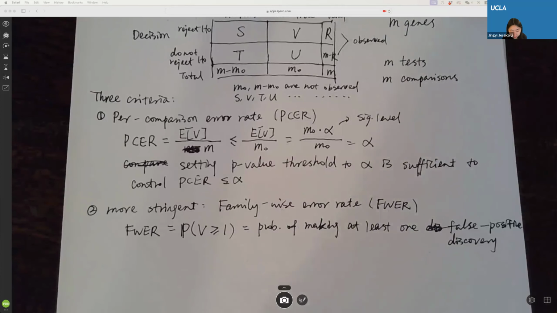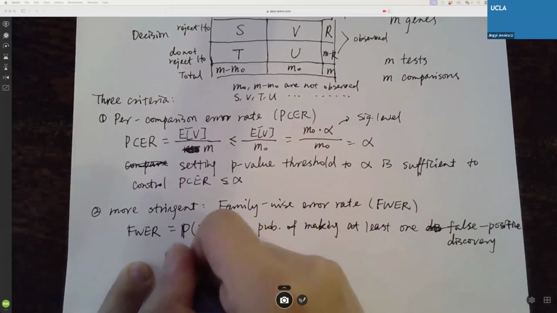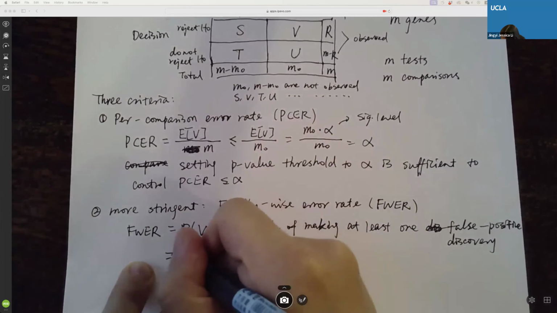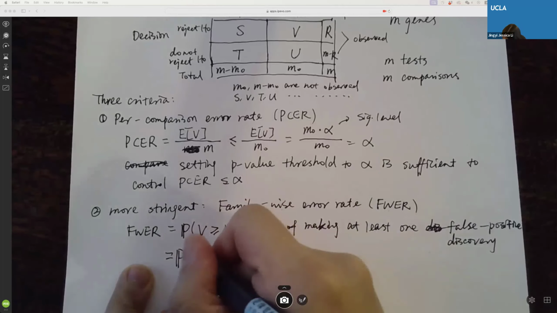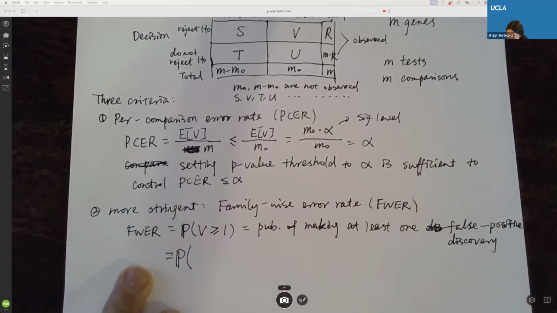For this one, we will use a very commonly used operation in probability theory. That is, the probability of a union set is less or equal than the sum of the probabilities of individual sets. So this probability can be written as a union because we can go through each gene at a time.